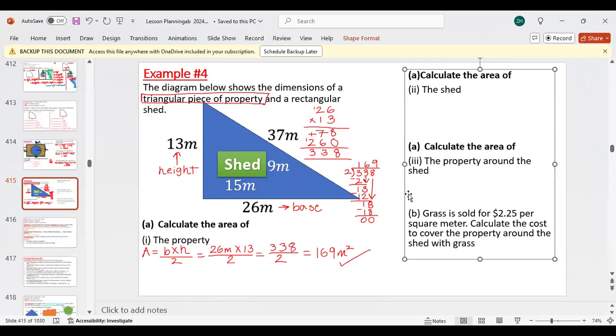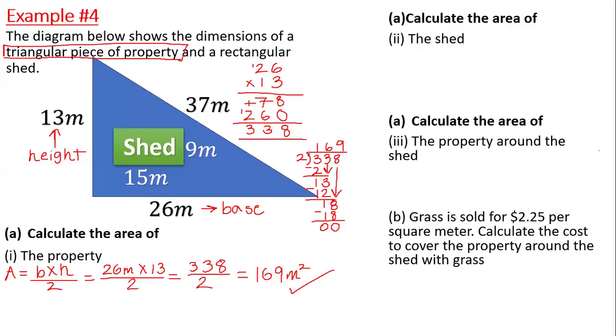So those are our questions. If we want the area of the shed, that's just going to be what? The shed is just this small little portion there, right? So the area is going to be equal to length multiplied by the width.